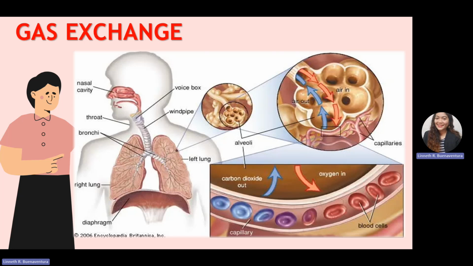With the use of capillaries, the smallest blood vessels in our body, the oxygen and carbon dioxide exchange happens. This image shows how blood circulation happens during the gas exchange.